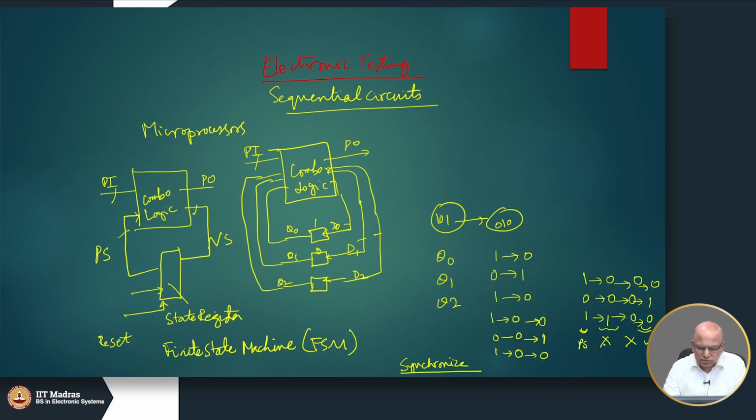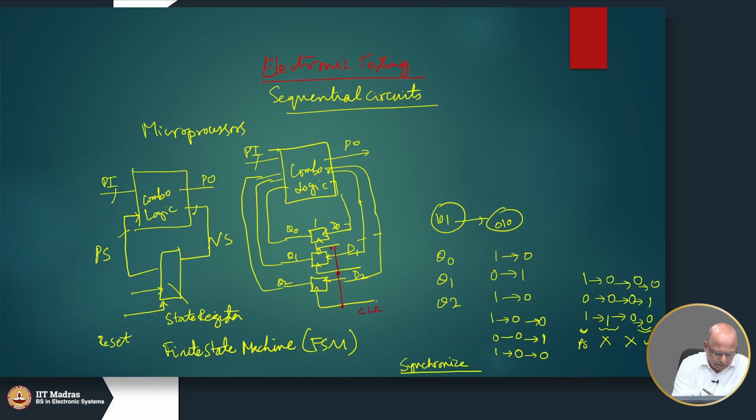If that has to be communicated to the machine, we need a clock signal. There is a clock signal which is common to all the circuits. So, this is a clock.